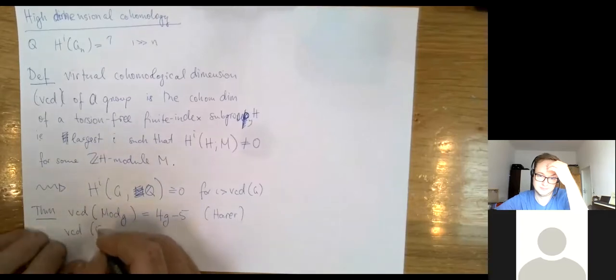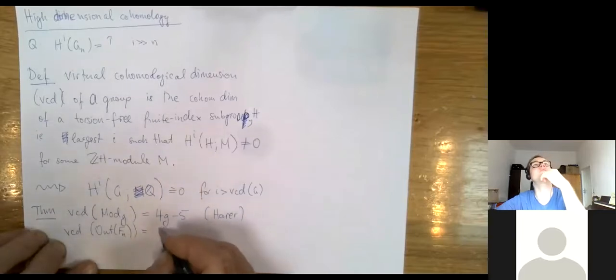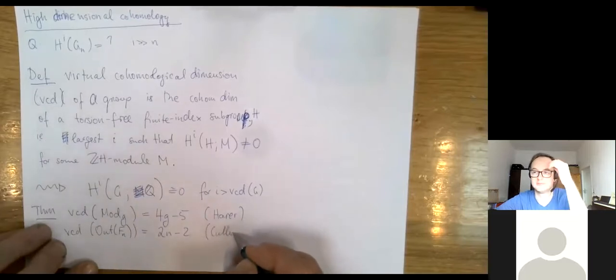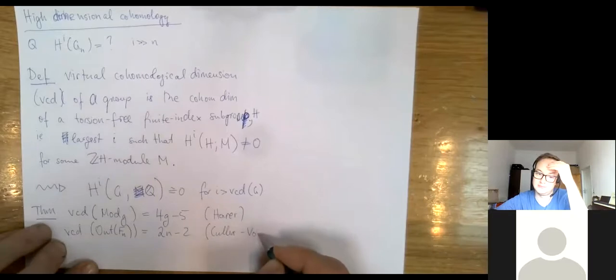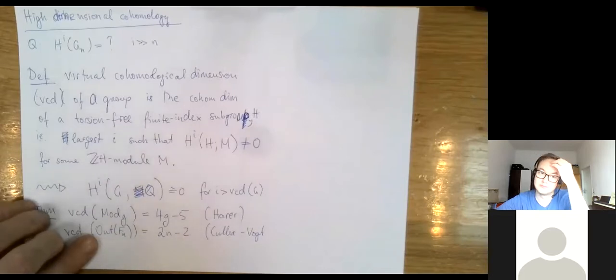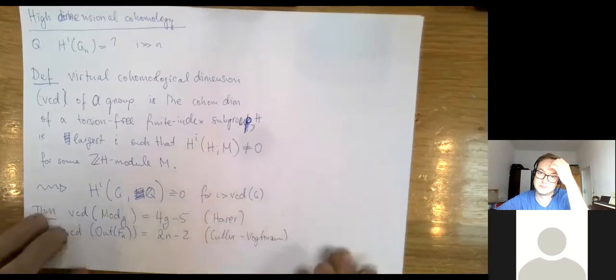You have 2n minus 2 for the outer automorphisms of Fn. And here it's similar that you can sort of have boundary components, and you get automorphisms and some other groups, and then this changes as well.